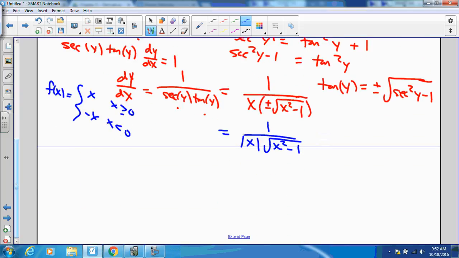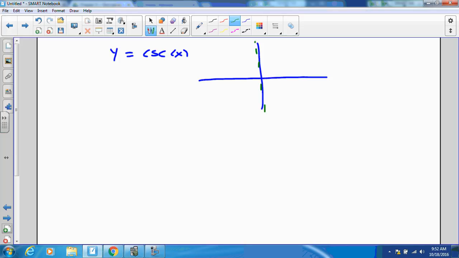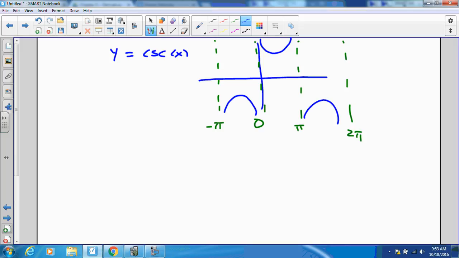The same kind of thing happens with cosecant, inverse cosecant. My cosecant graph comes down like this, and like this, and like this, horseshoes again.